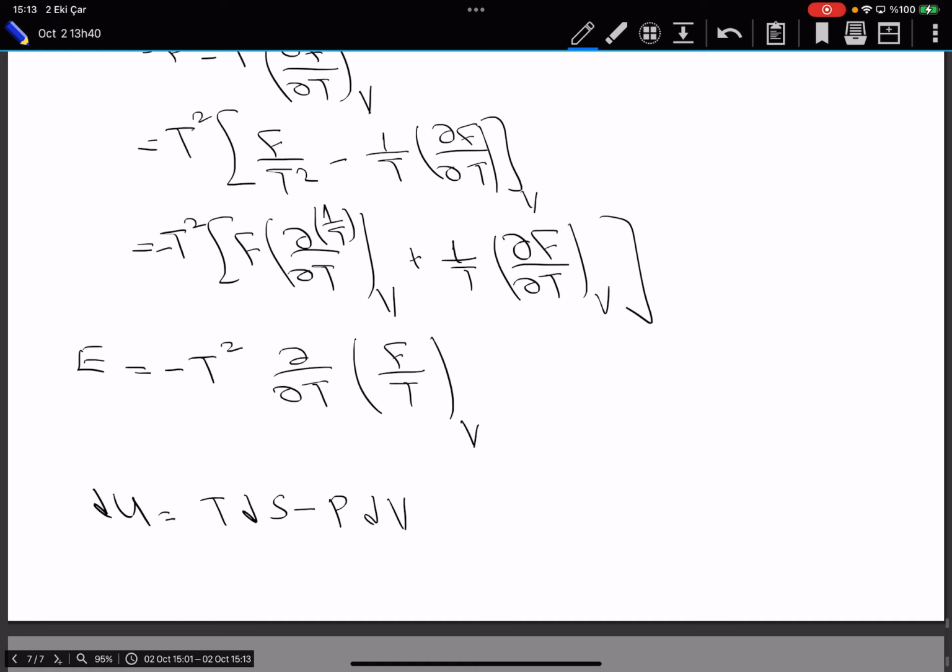For example, we might be interested in systems where the number is also not fixed. Then we can ask the question, how much the energy of the system changes as I change the number of particles? So I can add to this something proportional to dN. And that proportionality constant is called the chemical potential.